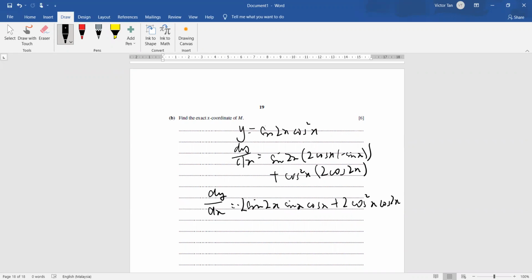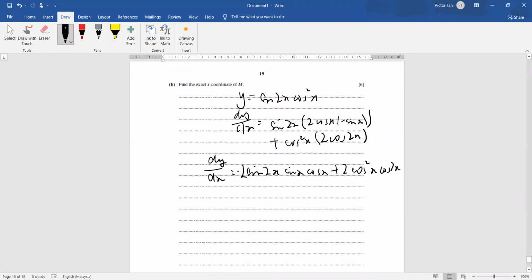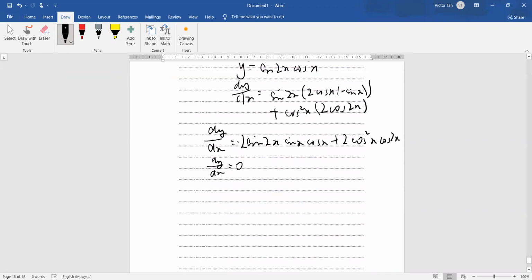Okay. Now to find the maximum point, dy over dx is 0. So minus 2 sine 2x sine x cos x plus 2 cos square x cos 2x equals to 0.